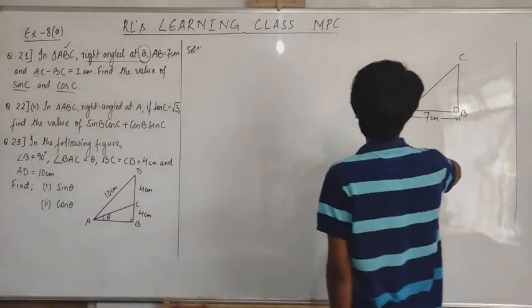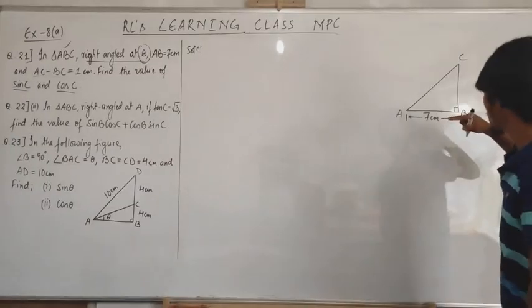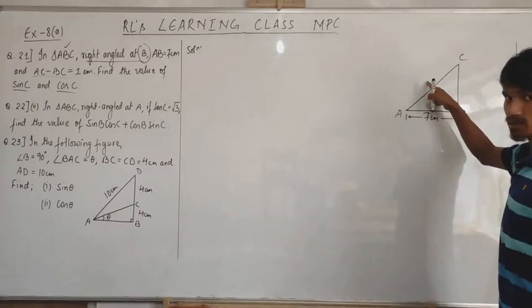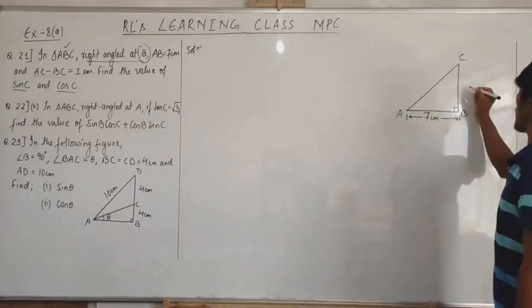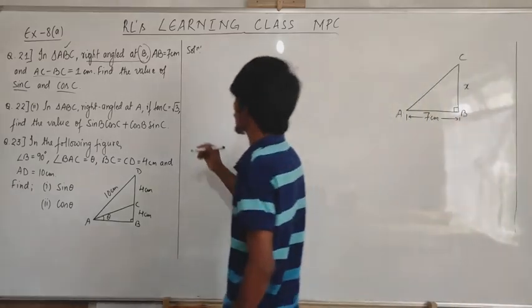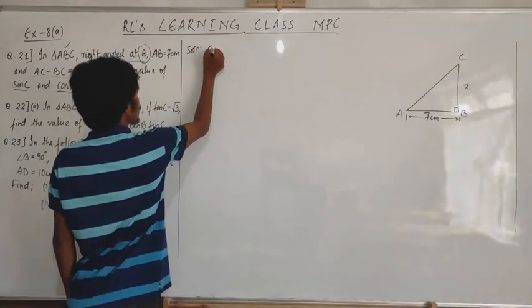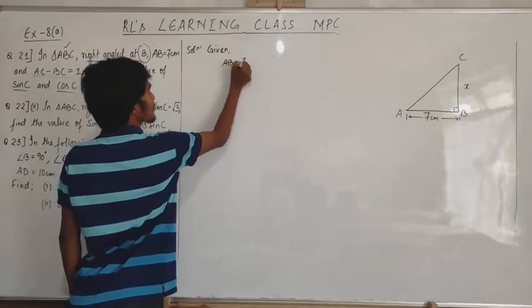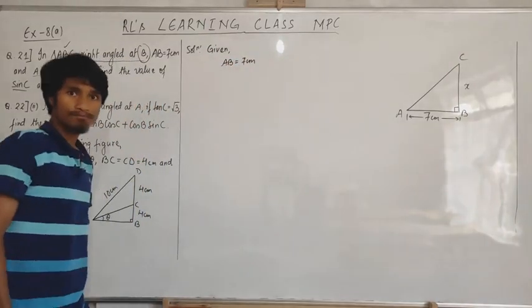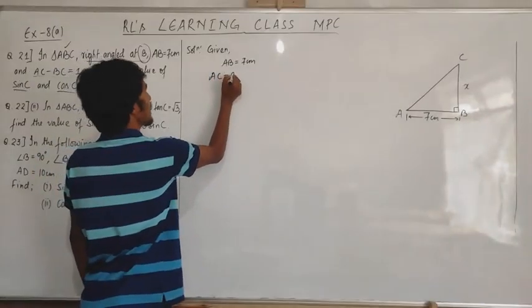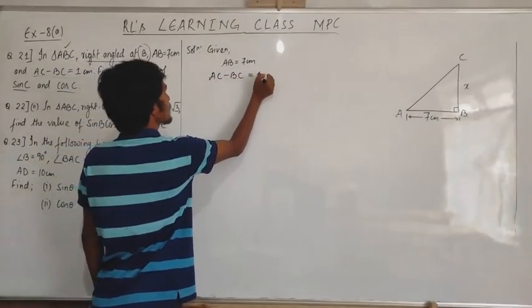Let me take this BC as X. Given AB is equal to 7 centimeters, and AC minus BC is equal to 1 centimeter.